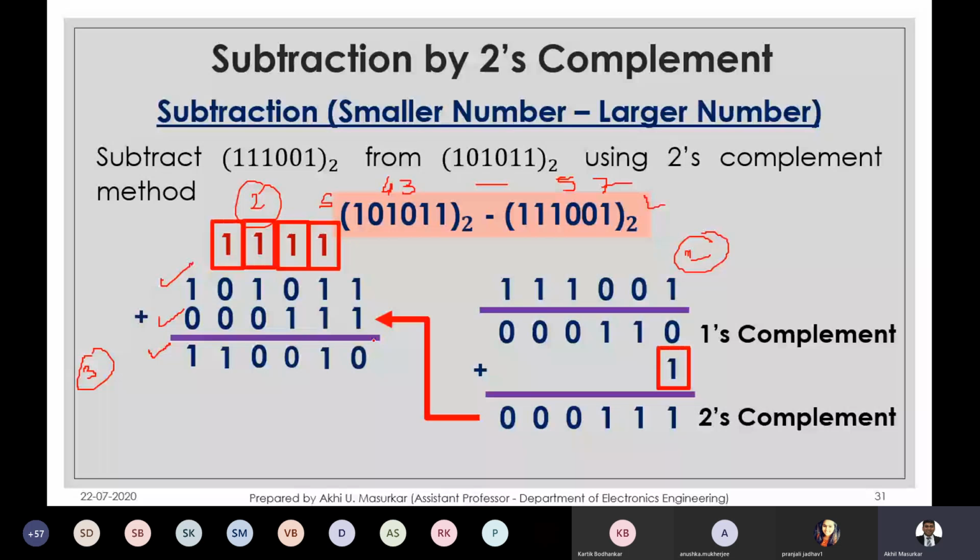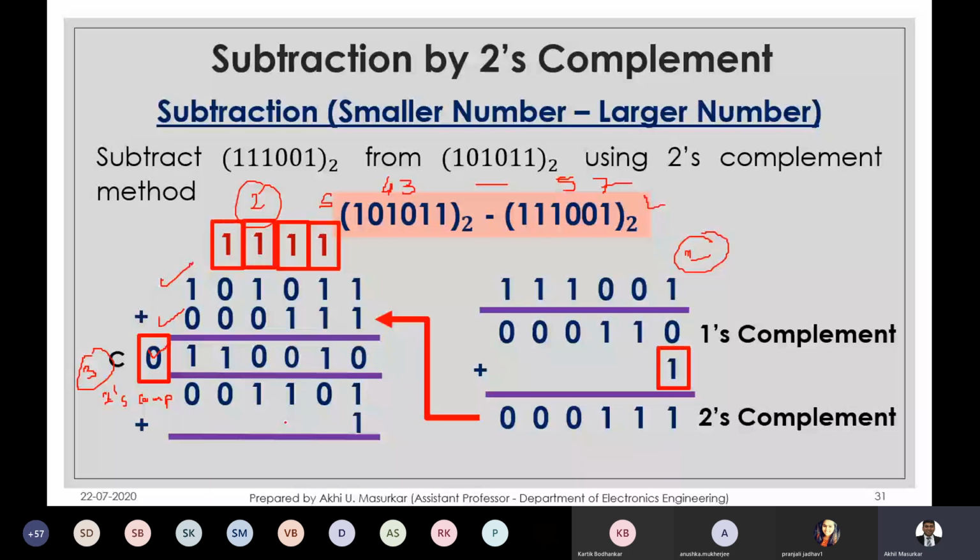To take the 2's complement, first you have to take the 1's complement. This is the 1's complement. And then when I add 1 to it, I get the 2's complement. So whatever you get here after adding, you will get only this, not a minus sign.